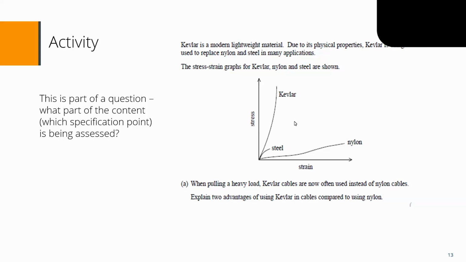So could you, in the meeting chat, suggest which specification point or points you think are being assessed by this question? I'll stay quiet for a couple of minutes while you scour through your specification and put the number in the meeting chat.